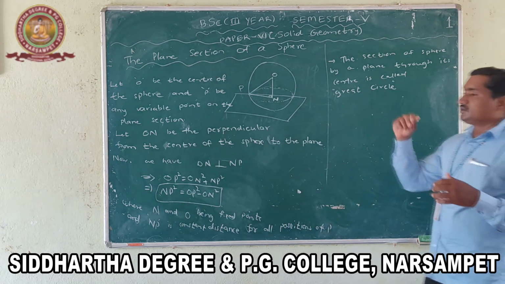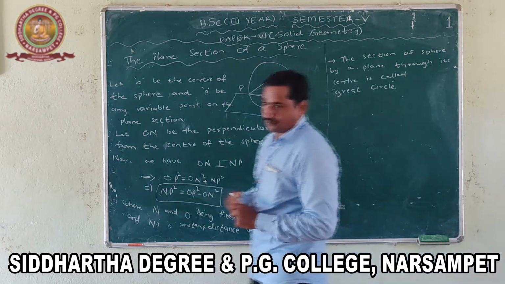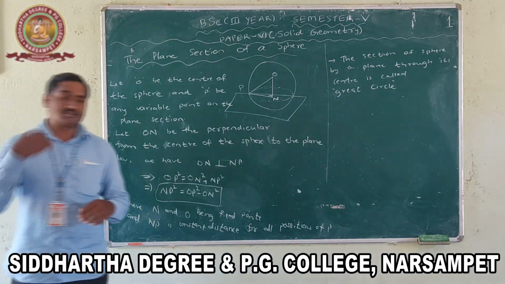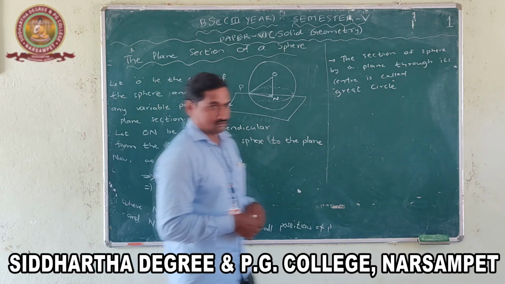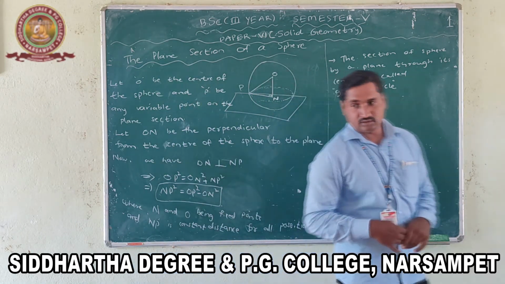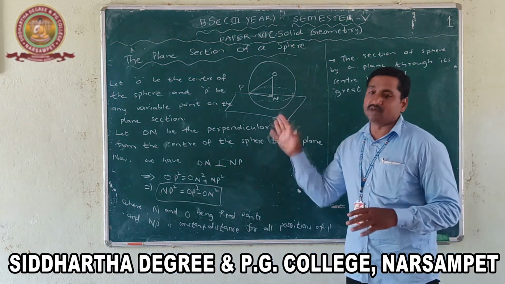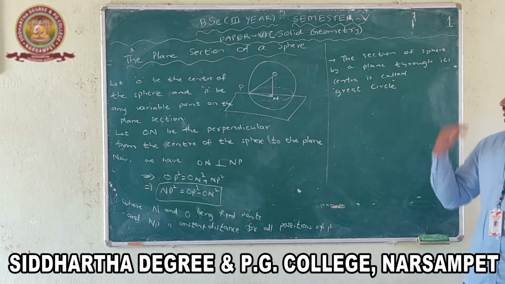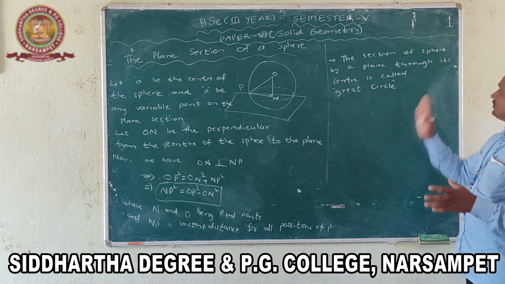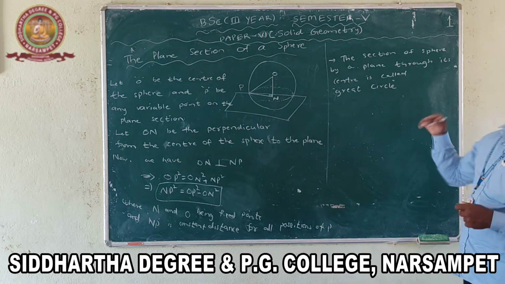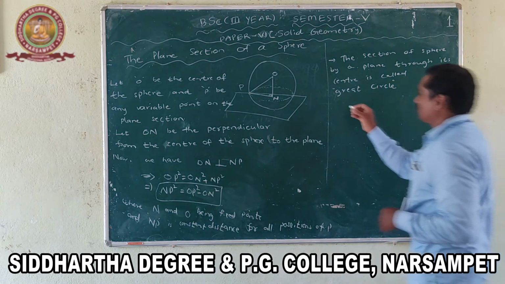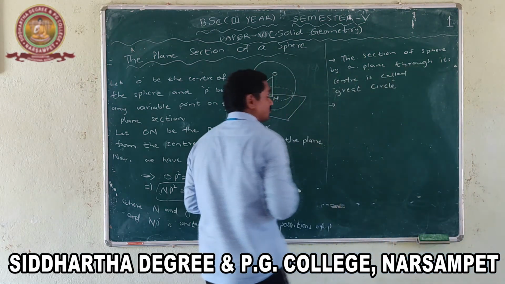In general, the locus of the set of common points to a sphere and plane is a circle. Thus, the plane section of a sphere is a circle. The section of a sphere by a plane through its center is called a great circle. Right. Now let us discuss one more topic.